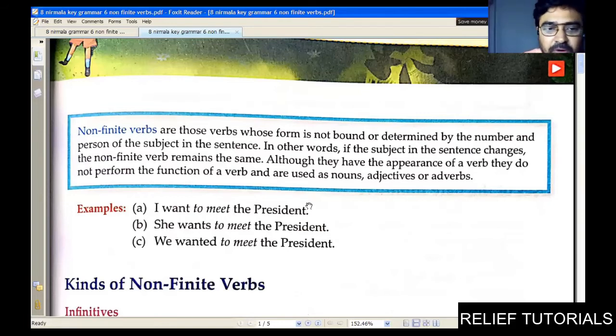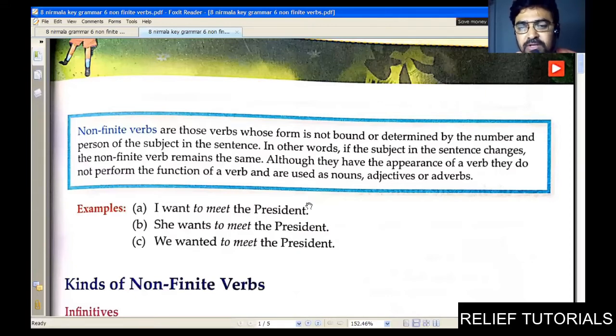Non-finite verbs are those verbs whose form is not bound or determined by the number and the person of the subject in the sentence. It cannot tell you singular or plural, or male or female. And its form does not get changed like the main verb or the finite verb.